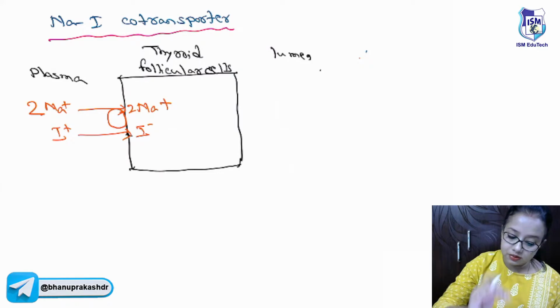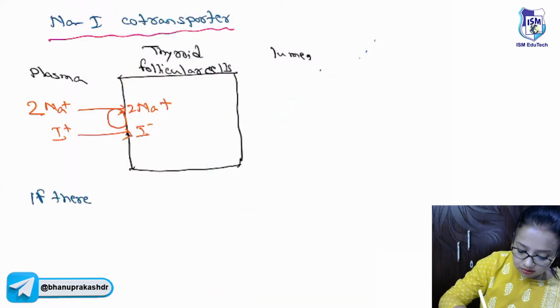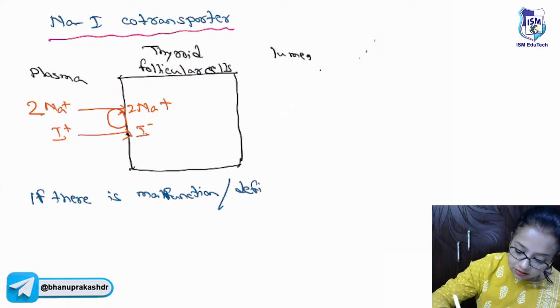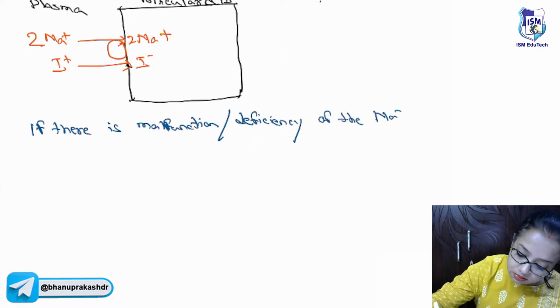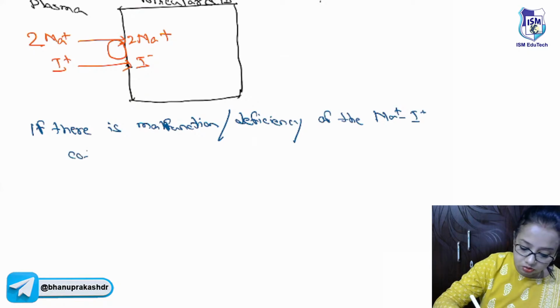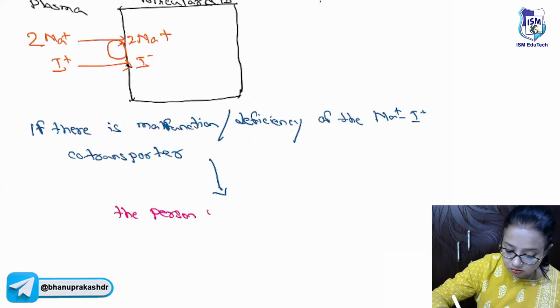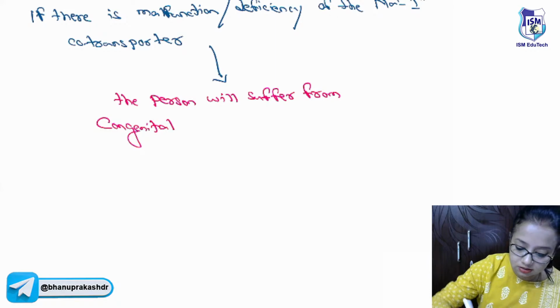Now, if by any reason there is malfunction or deficiency of the sodium iodide co-transporter, then the person will suffer from congenital hypothyroidism.